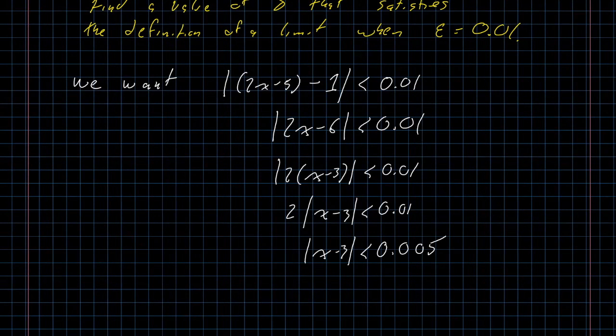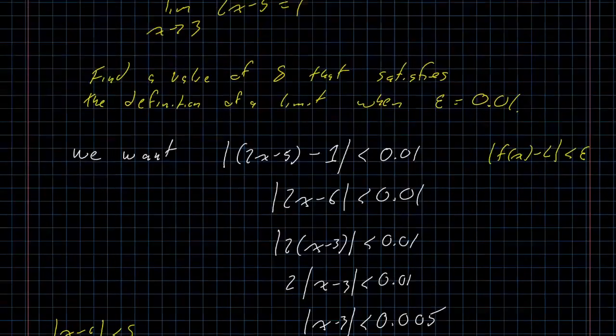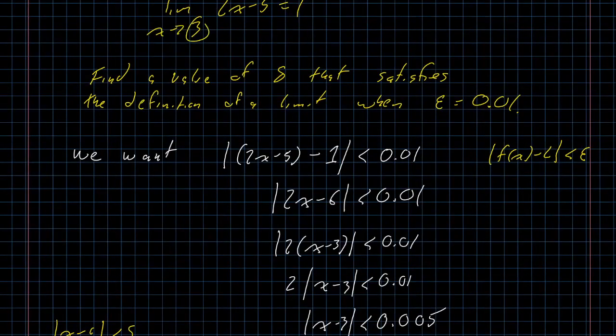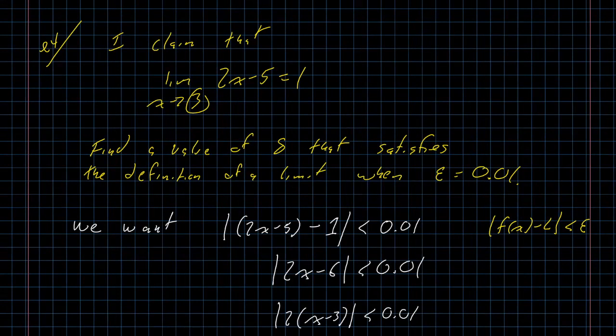All right. So we have here absolute value of f of x minus L less than epsilon. And our goal was to get the absolute value of x minus c less than delta. In this particular problem, c was 3.